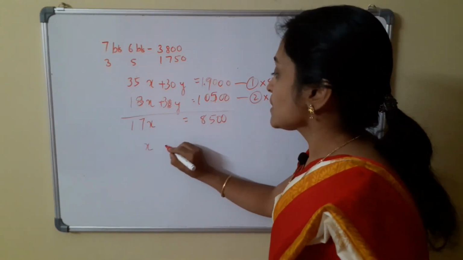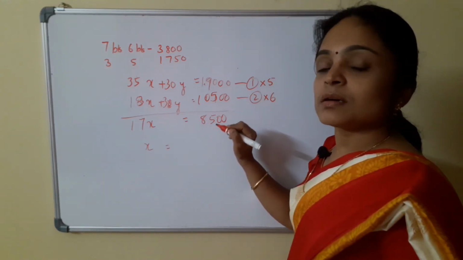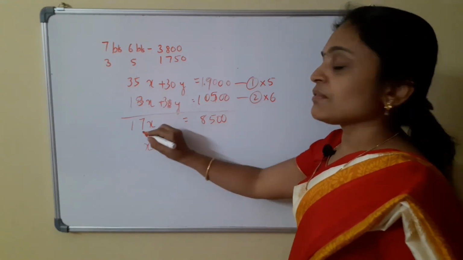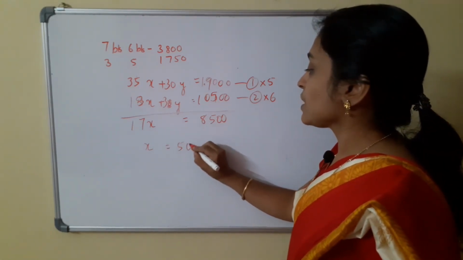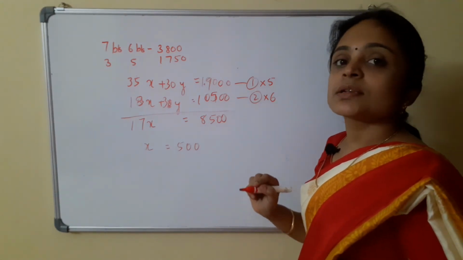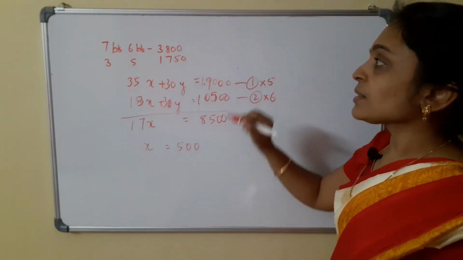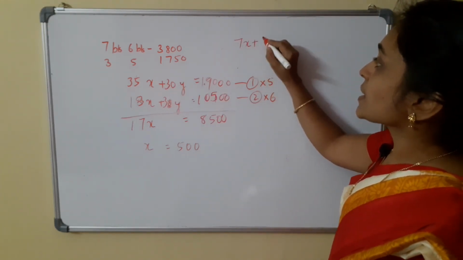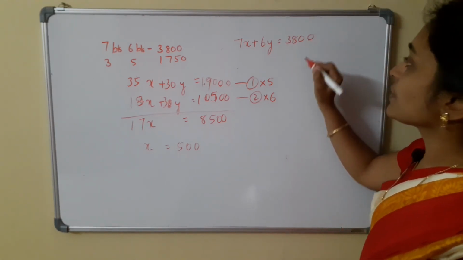So what is x? 17 into 5 is 85. So x equal to 500. 8,500 by 17 is 500. Now substitute here. The actual equation was 7x plus 6y equal to 3800.